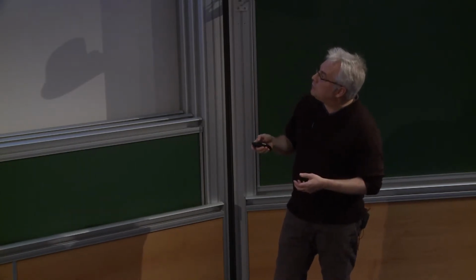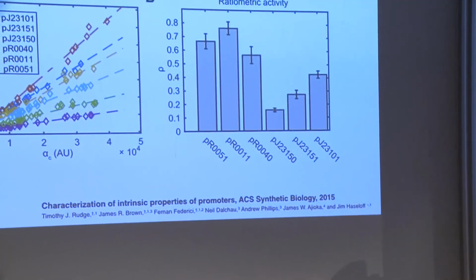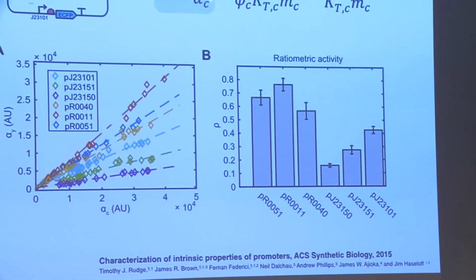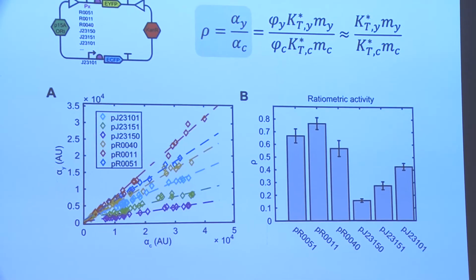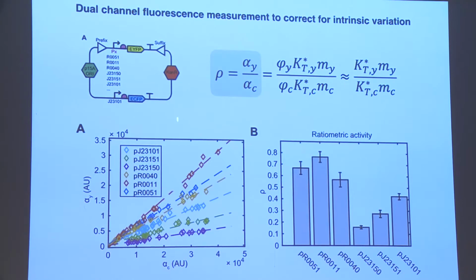And so what we've done is to take these values for the intrinsic value of the promoter and then have two genes, now looking at a test gene with respect to a standard gene, where the standard gene, as a promoter here, is a fixed reference point. Then we can correct for other extrinsic variables by comparing the alpha values for each of these two genes.